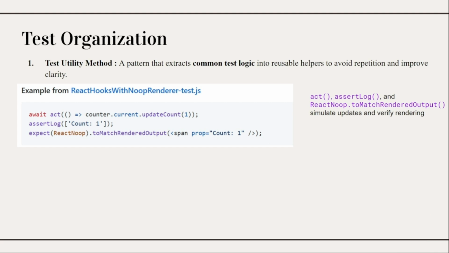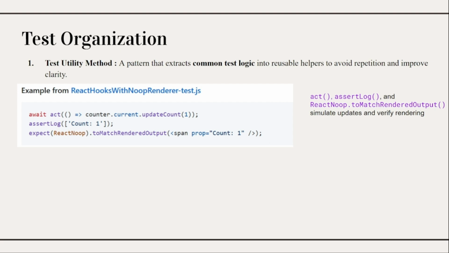First, we take a look at the test utility method, which is a pattern that extracts the common test logic into reusable helpers to avoid repetition and improve clarity. You see the act function here. It's a utility from React's testing library that ensures all state updates and side effects are properly processed before we make any assertions.